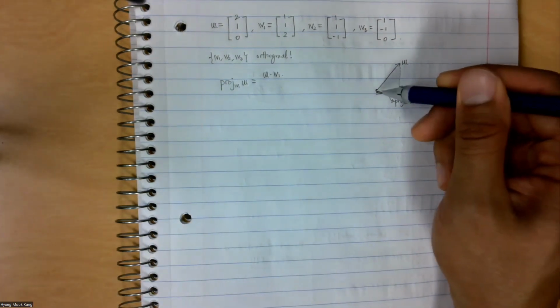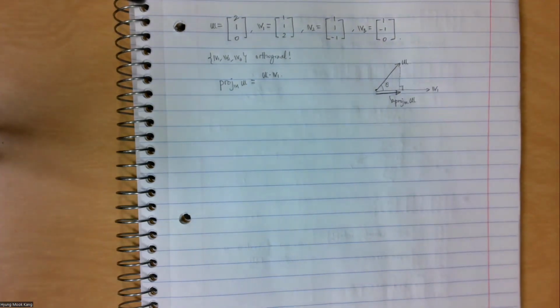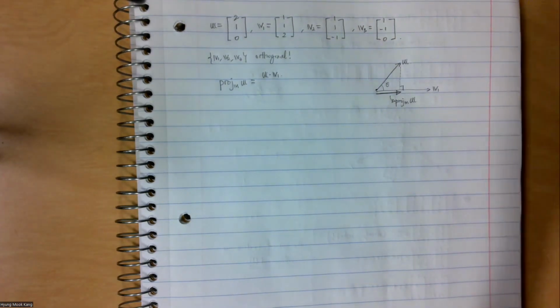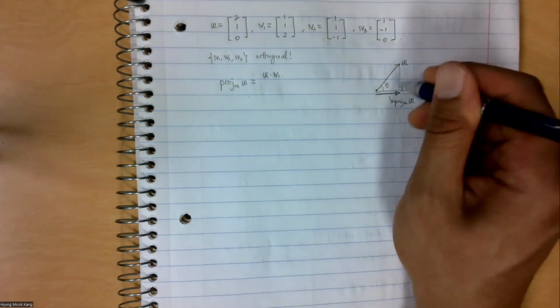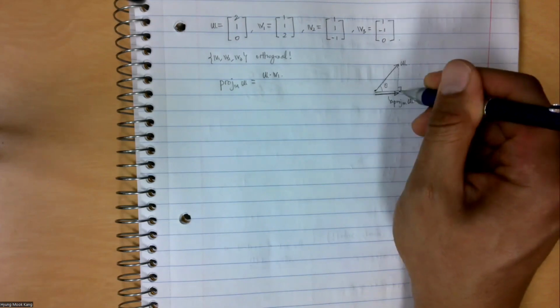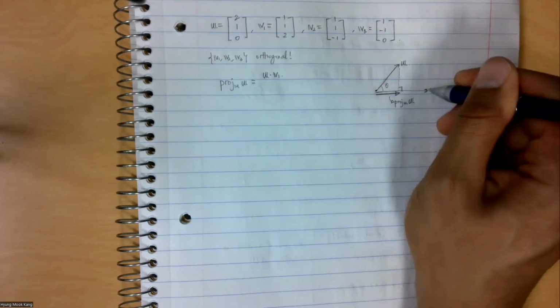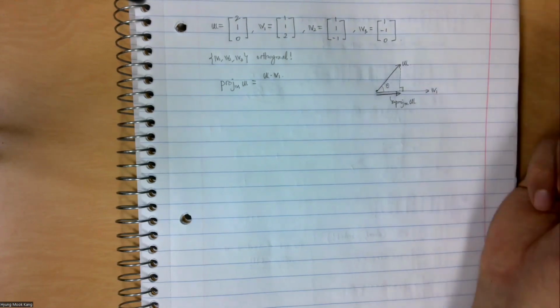So it's the length of this times the length of this times cosine of this angle, which is the same as the length of this times the length of this, because this times cosine equals this. So it literally is this times this.